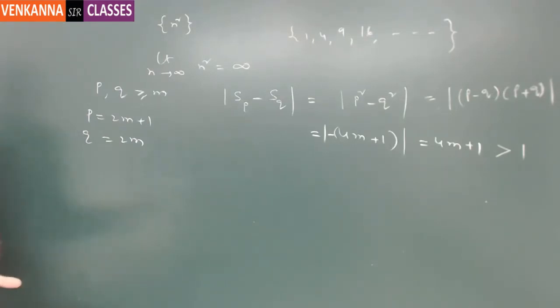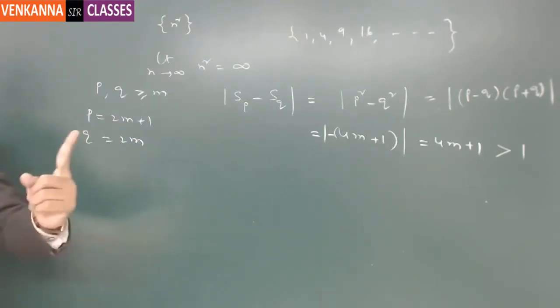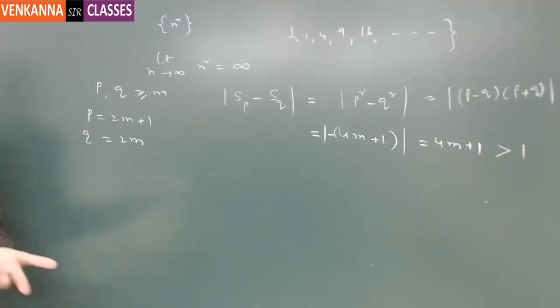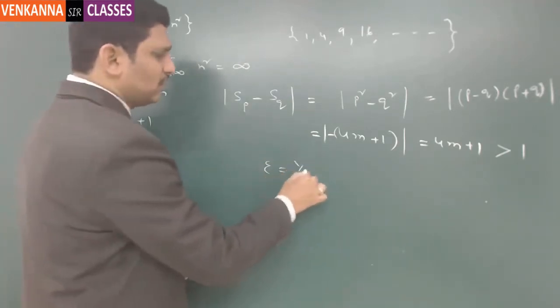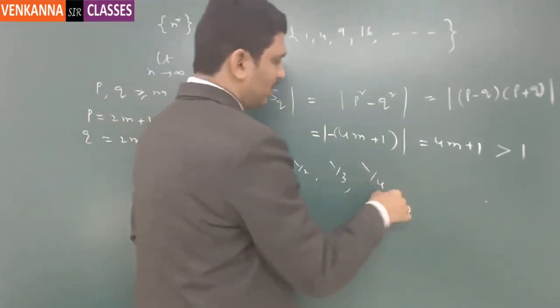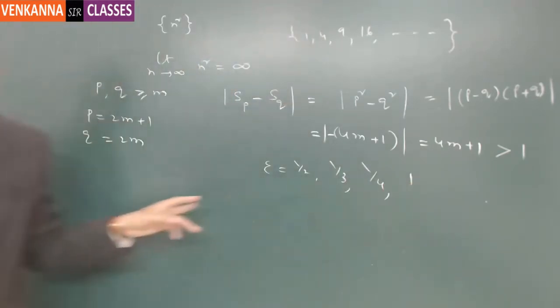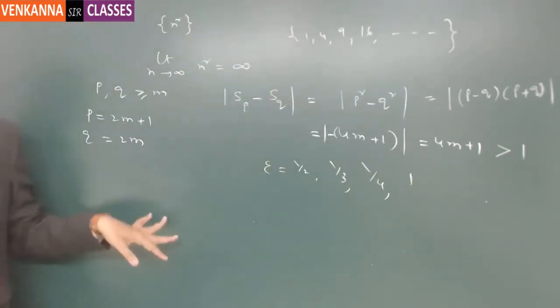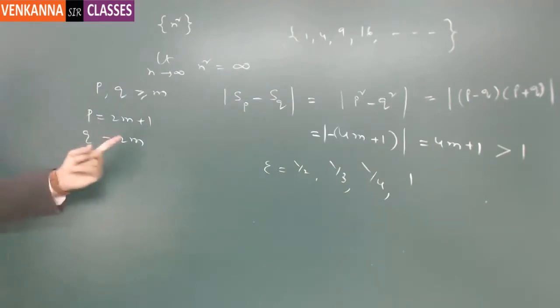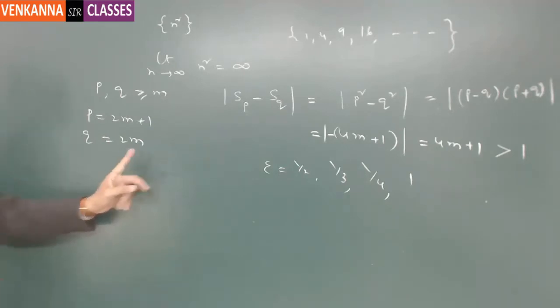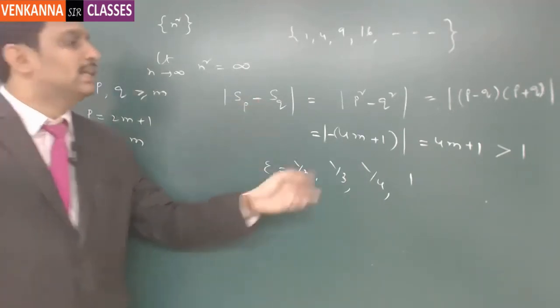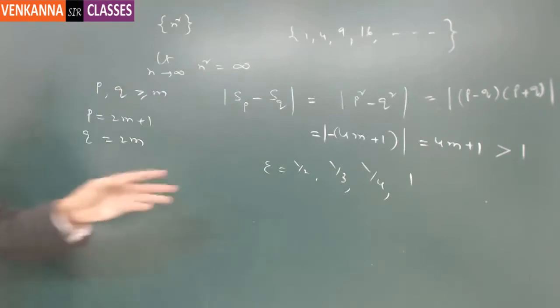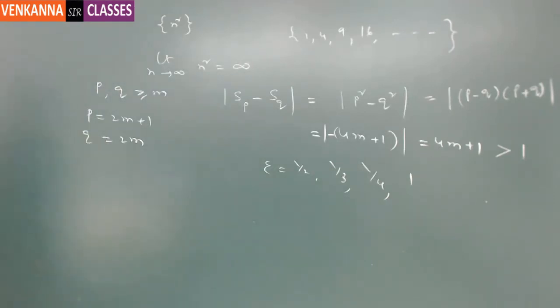Because m is positive, right? The starting term number is 1, so you can take m as 1. So it is always greater than 1. So you can take epsilon equal to 1 by 3, 1 by 4, 1 by 5, anything. You have identified two term numbers: one is 2m plus 1, another is 2m. If you calculate the difference, it is greater than epsilon, so it is not a Cauchy sequence. Is that clear?